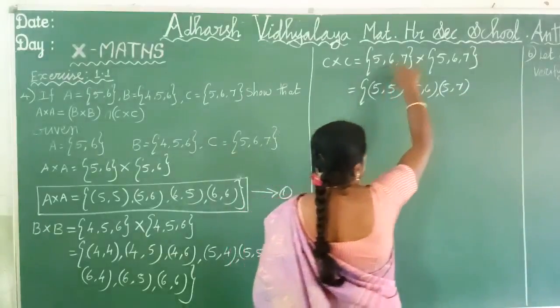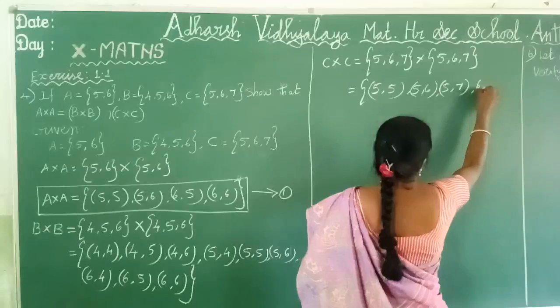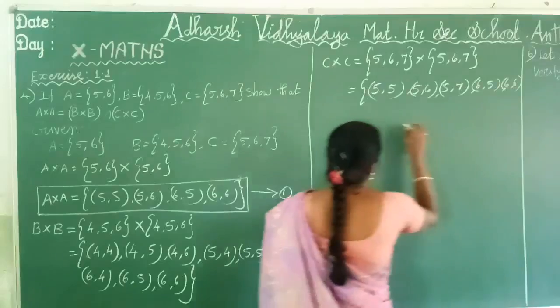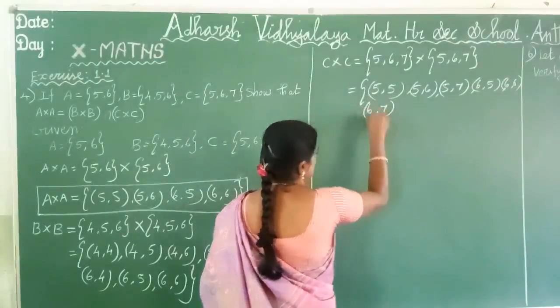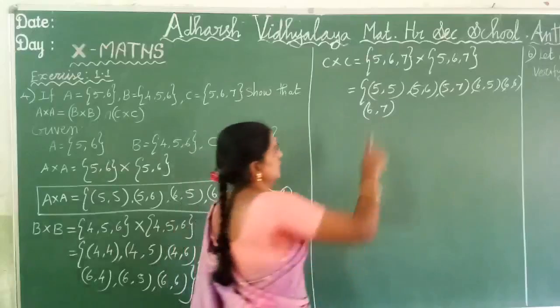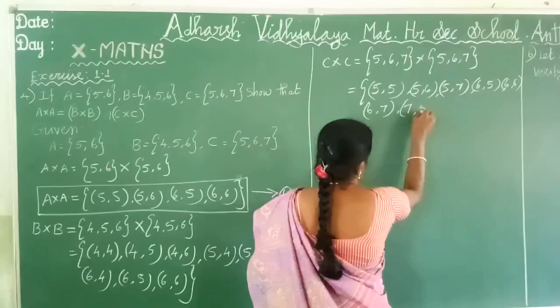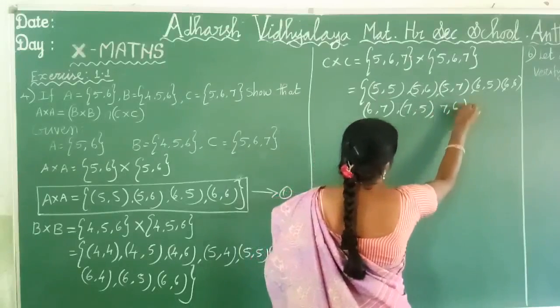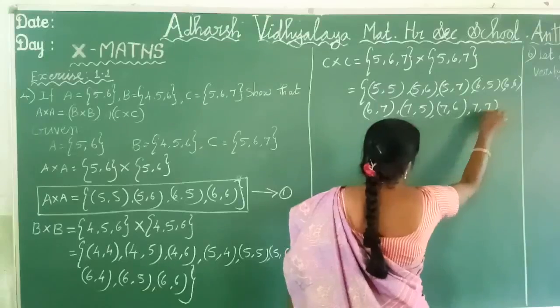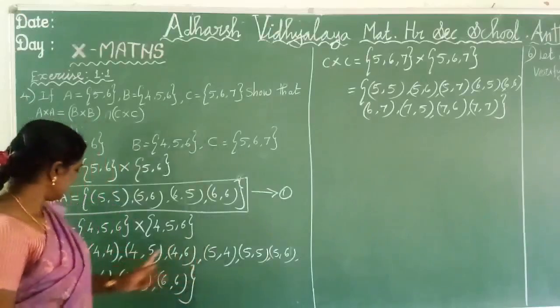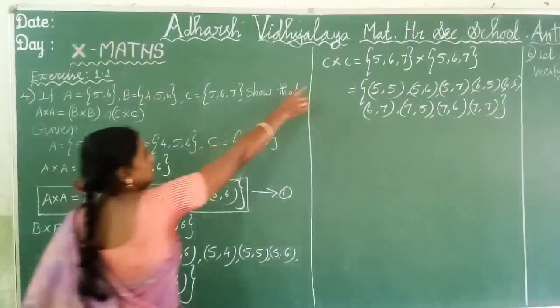Next we take 6 with 5, 6, 7: (6, 5), (6, 6), (6, 7). Third one, 7 with 5, 6, 7: (7, 5), (7, 6), (7, 7). So that's all. So the RHS, B cross B and C cross C, is completed.